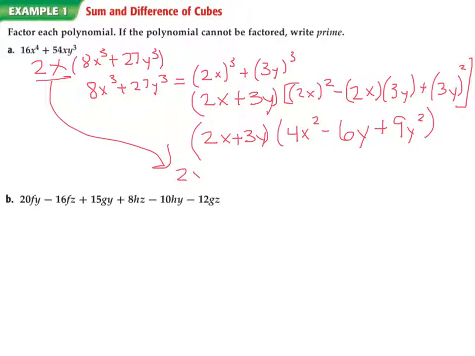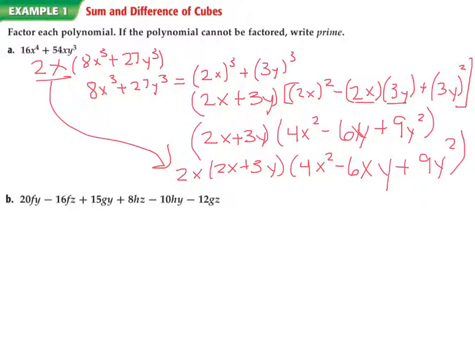So we'll have 2x times (2x plus 3y) times (4x squared minus 6y. Oops, and that should actually be a 6xy because we had 2x times 3y) plus 9y squared. And that's going to be our final answer.